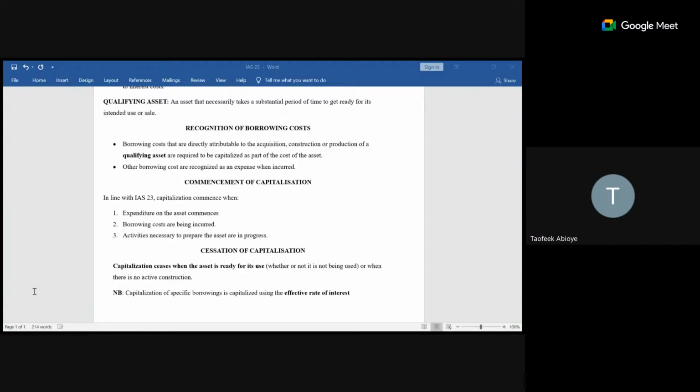How many months are we going to capitalize, from when to when? We have agreed that cessation of capitalization is 31st May. When are we going to start capitalizing? Is it 1st of November or 30th of November?